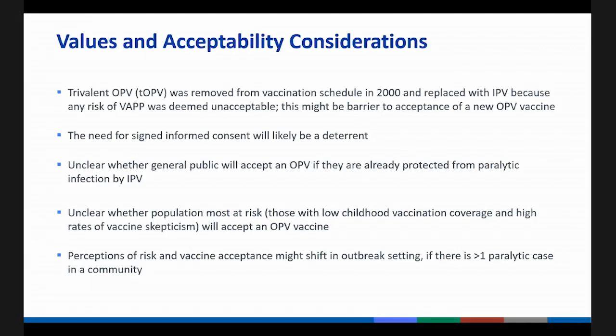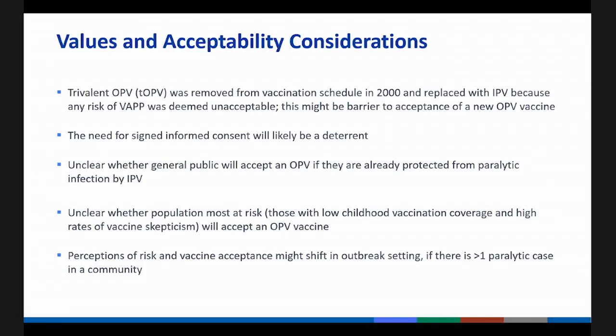In addition, the need for signed informed consent will likely be a deterrent, especially for those who are concerned about vaccine safety and new vaccines. And it is unclear whether the general public will accept an OPV vaccine if they are already protected from paralytic infection by IPV. So in other words, will they accept a vaccine to reduce community transmission and risk to others if they don't benefit from it individually?